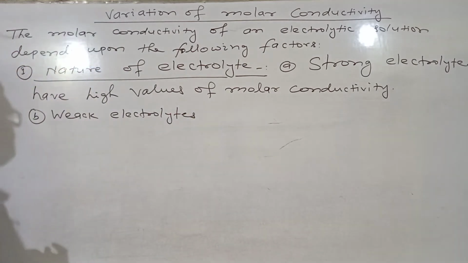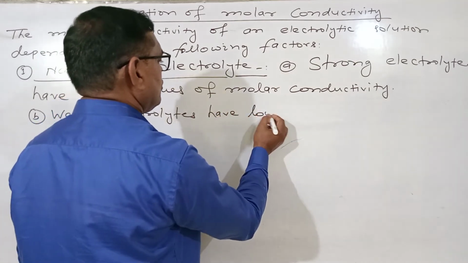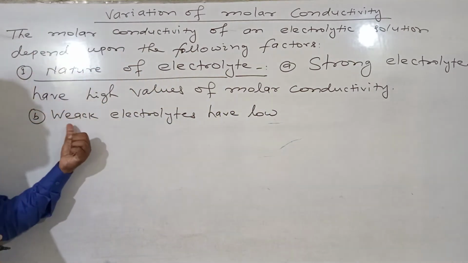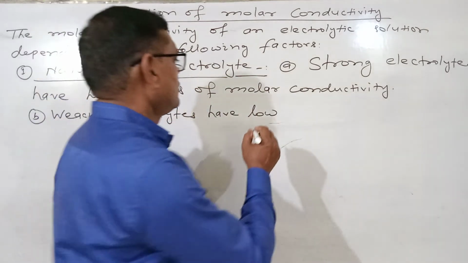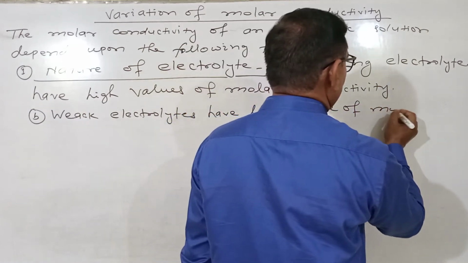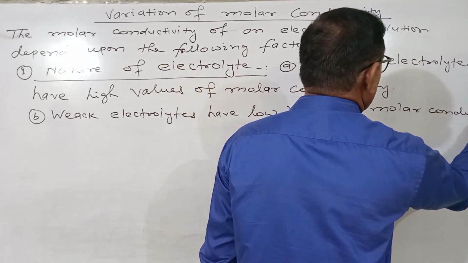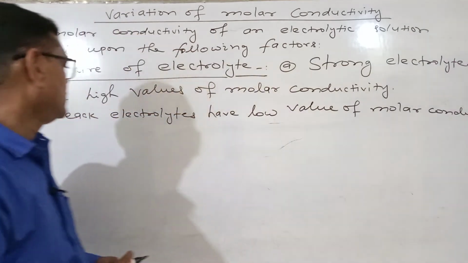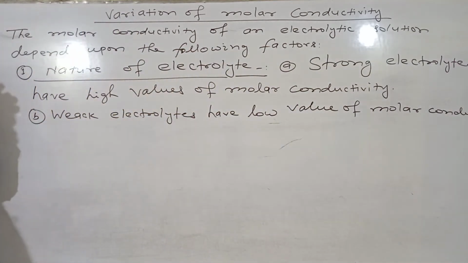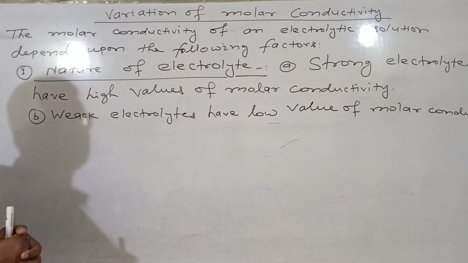We write weak electrolytes have low values of molar conductivity. It is due to not being completely ionized in the solution.